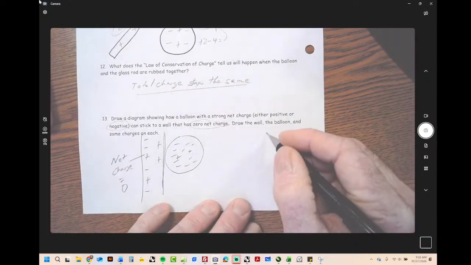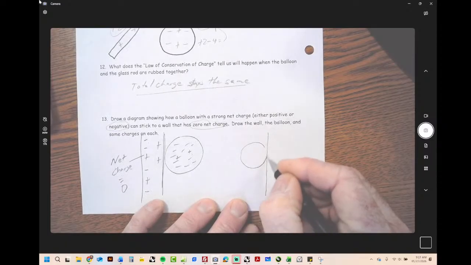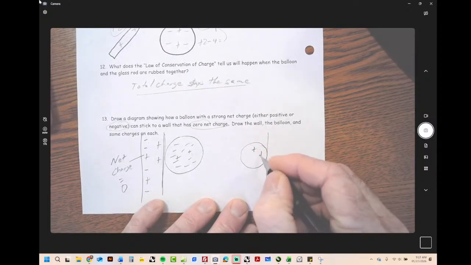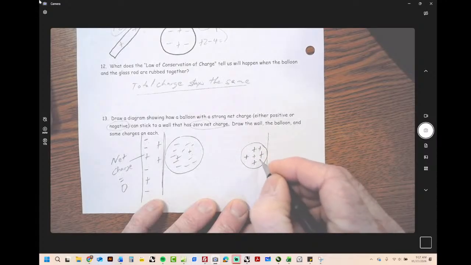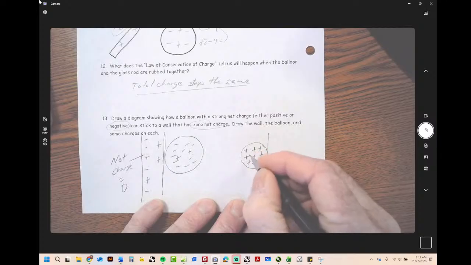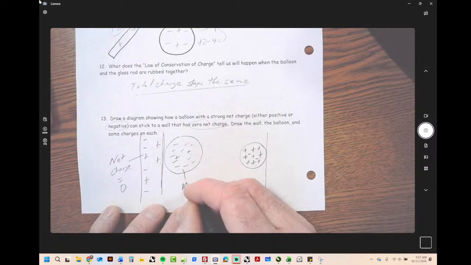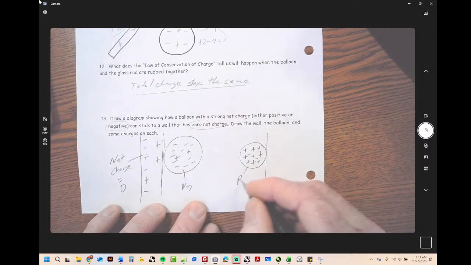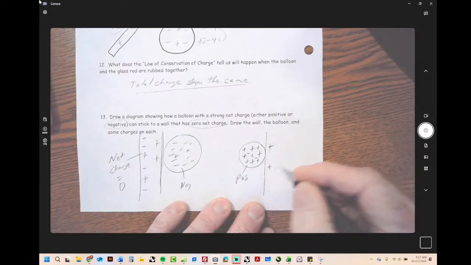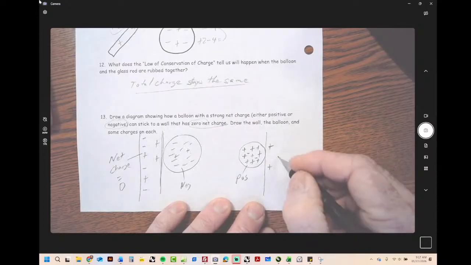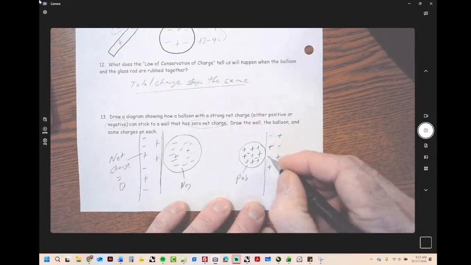You could have done it like this. This isn't really realistic because balloons don't get charged up positively. But if you had a balloon with a whole bunch of positive charges and just a couple of negative charges, so this would be negative, this would be positive, and it comes over to a wall that's got a couple of positive charges and a couple of negative charges like this.